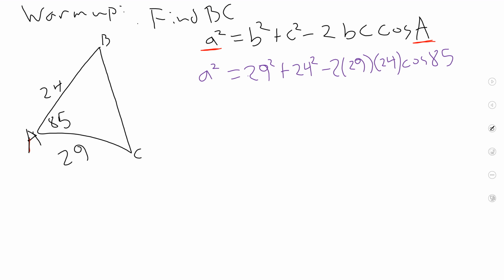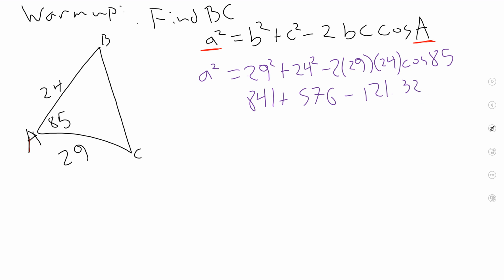So 29 squared gives us 841. So then we have 841 plus 24 squared is 576, and then minus 2 times 29 times 24 times cosine of 85. That'll give us 121.320739, whatever.